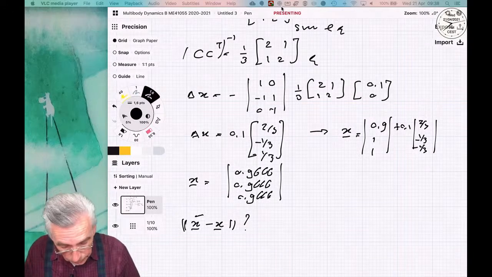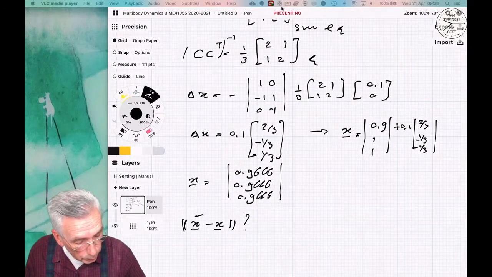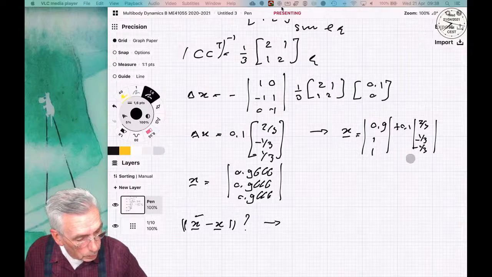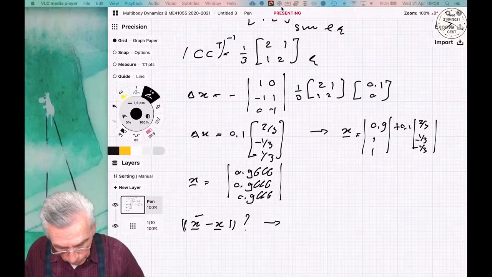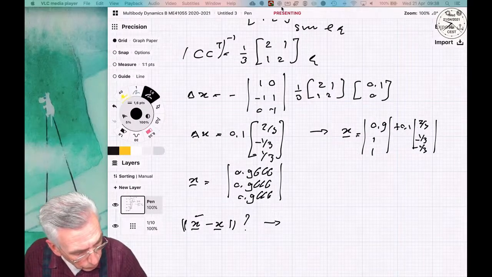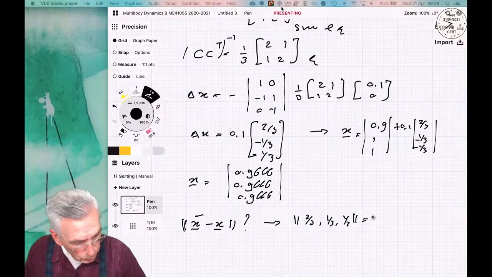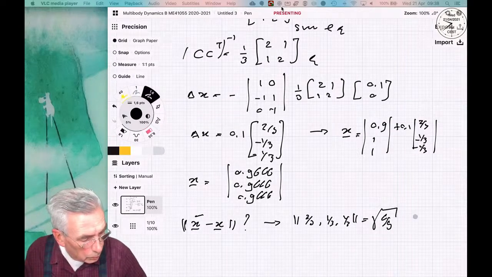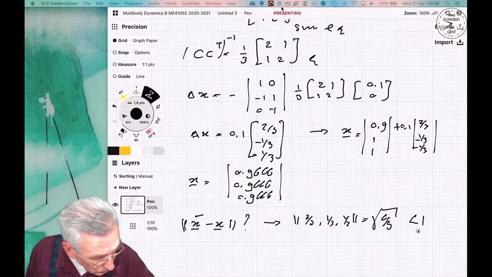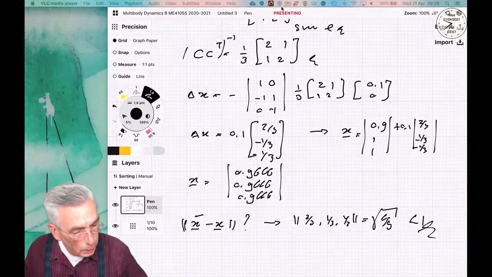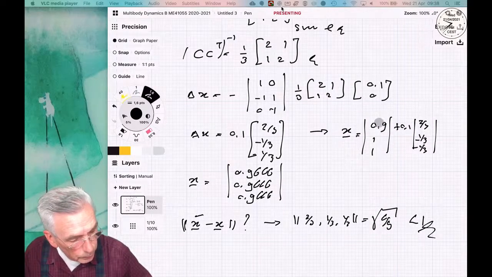If we calculate that, we have to calculate this one. Well, the norm of 2/3, 1/3, and 1/3 is the square root of 6 over 9, so that's less than 1, right? So yes, this is a shorter distance than just adding 0.1 to this guy.